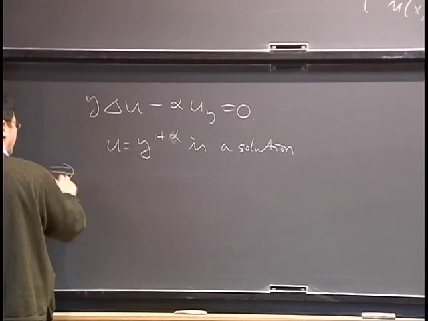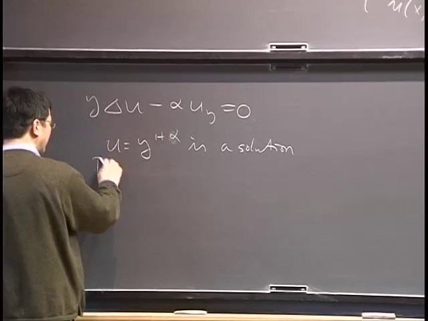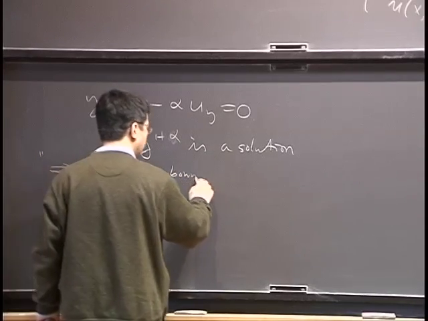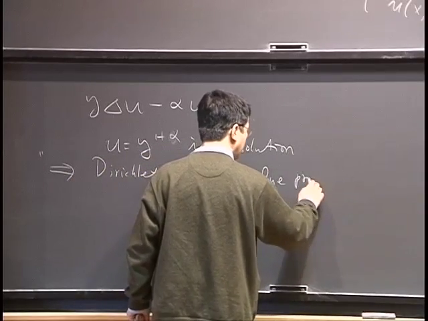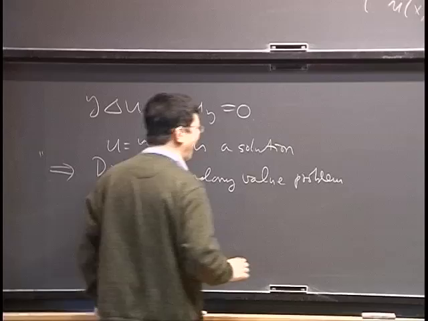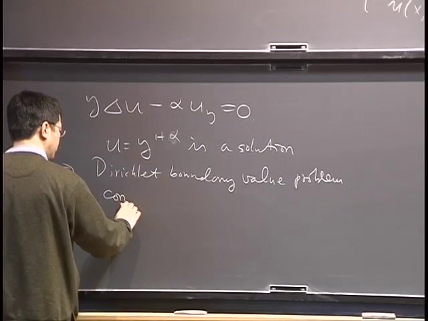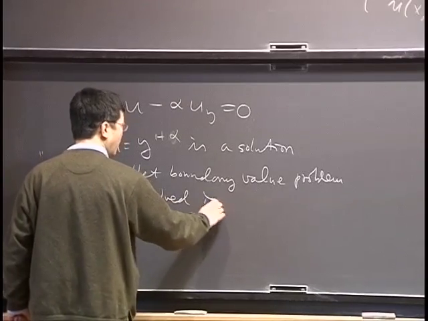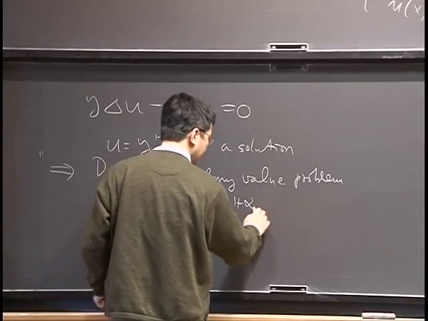Actually, this I don't have time to talk about. This actually implies that the Dirichlet boundary value problem, at least for continuous data, can be solved, if this function is continuous.